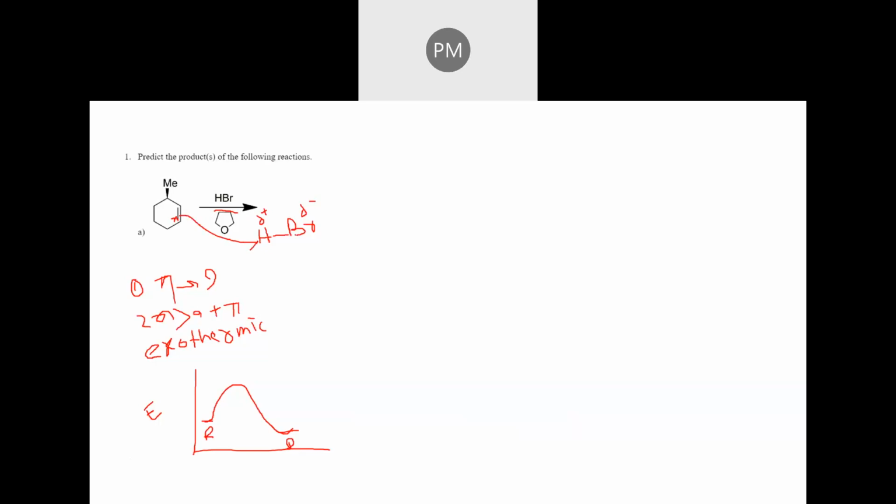If the hydrogen abstraction happens, the reaction will be like this.